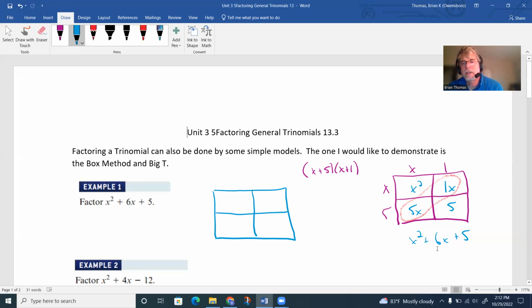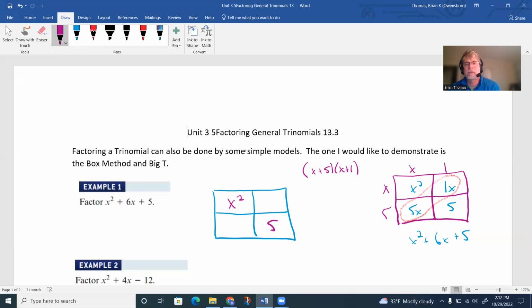Now we're going to be given the inside, and we want to factor out what's on the outside. So the x squared, the quadratic term, is going to be in the top left corner of the box. So the x squared is going to go here. What we also pick up on is the 5. The 5 is going to be the bottom right.